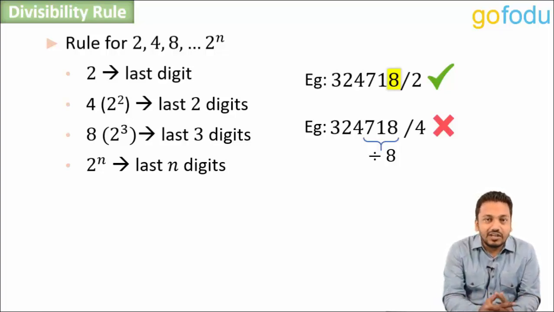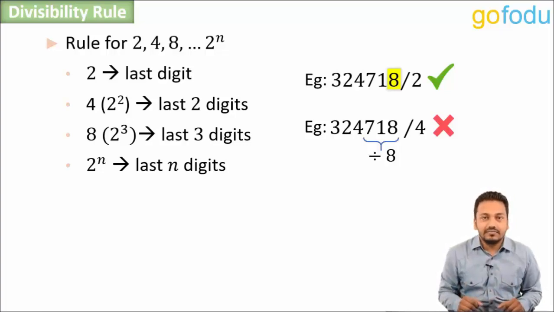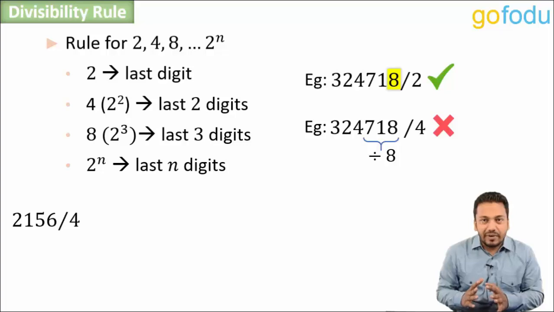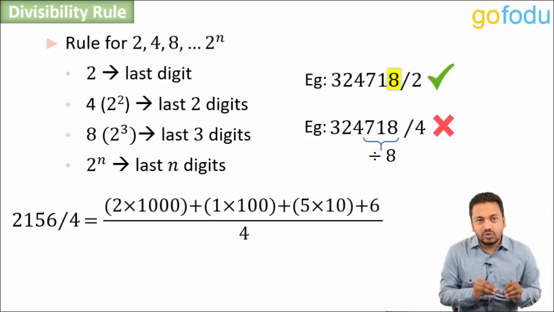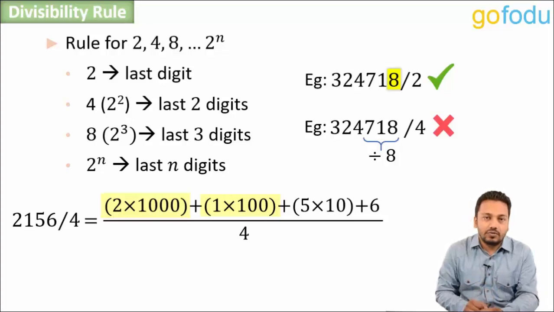Now why does this work? This checking of the last n digits, why does it work? Let's take a number 2156 and check its divisibility by 4. Can I expand it and write it as 2 into 1000 plus 1 into 100 plus 5 into 10 plus 6? Now here the thousands place and the hundreds place will always be divisible by 4.